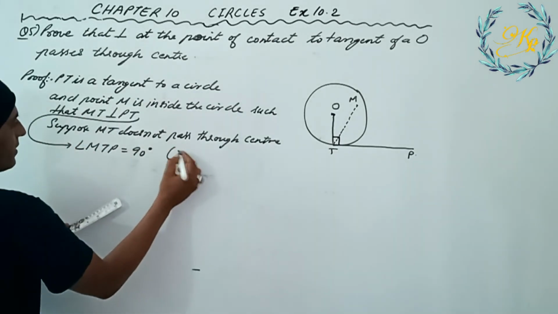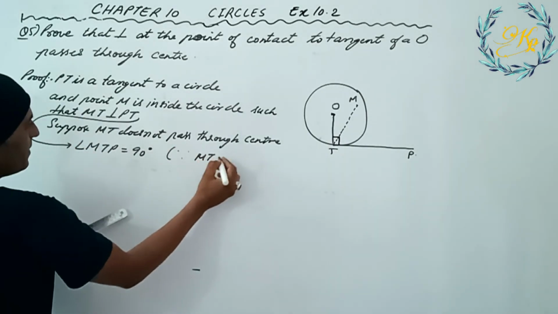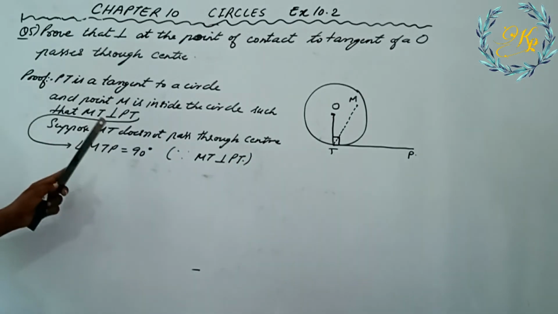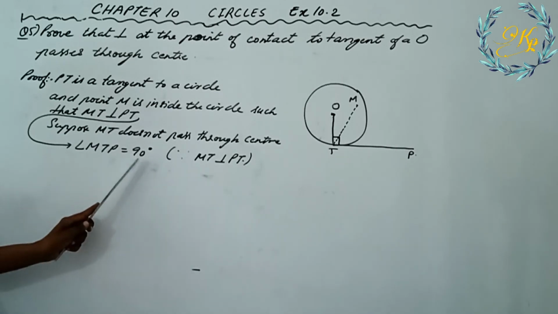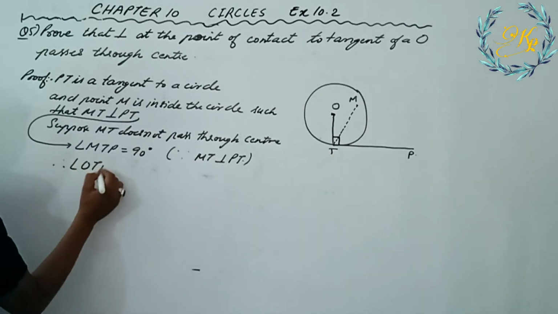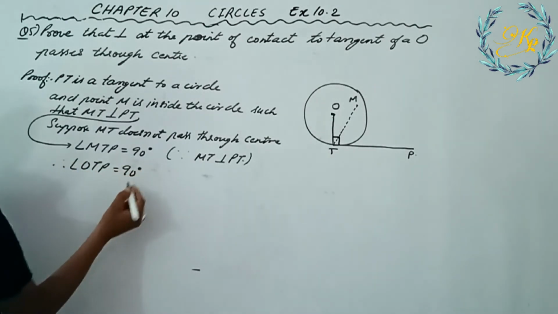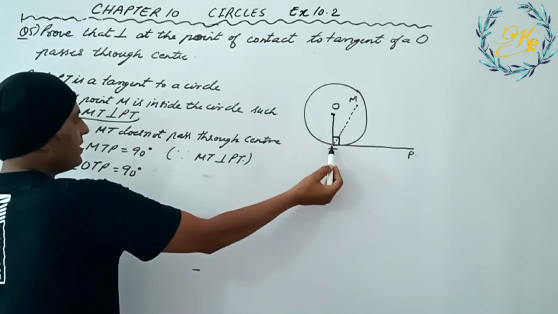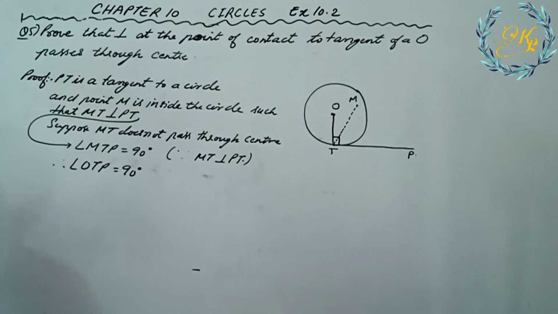Right? So we'll write here since MT is perpendicular to PT. According to this condition that we have stated, it should form an angle of 90. Alright? Here, so we can write here, therefore angle OTP is equal to 90 as O is the center of circle, OT is the radius and TP is the tangent.